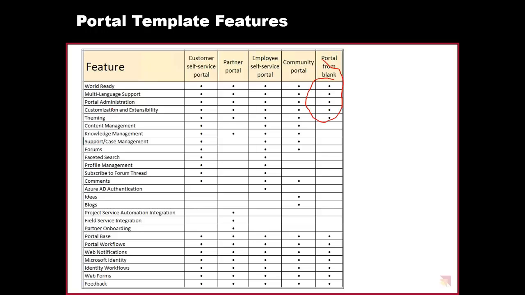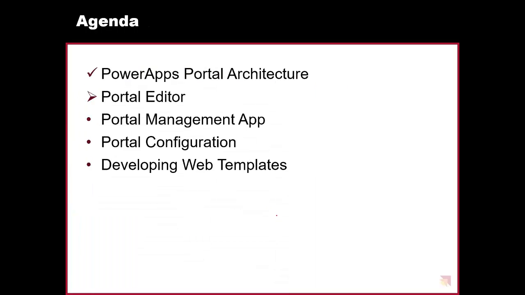So if I circle this, it's world ready, multi-language support, portal administration, theming, all this stuff gets built in. But now here are some of the features that some of the other templates will have that aren't included. Okay, so I'm just going to leave that table there for your reference.